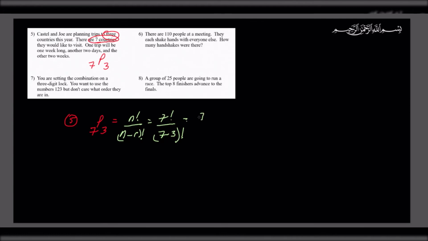So that's 7 factorial over 7 minus 3, which is 4 factorial. So that's going to be 7 times 6 times 5 times 4 times 3 and dot dot dot, and on the bottom is going to be 4 times 3 times 2 dot dot dot. And you can use those ellipses, because you know everything after the 4 is going to cancel out, and this will end up being 210, as we said.